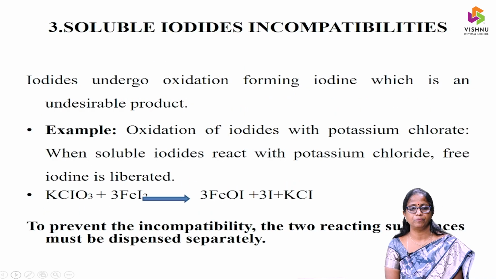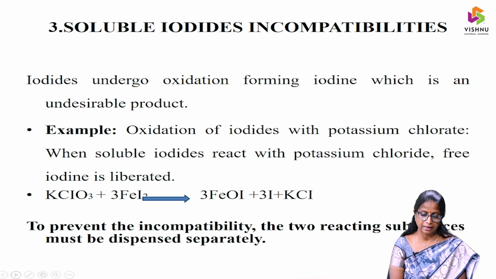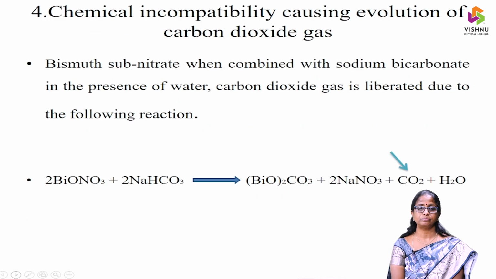Then soluble iodides: these undergo oxidation, forming iodine, which is an undesirable product. To prevent this, the reacting substances must be dispensed separately; otherwise you will observe coloration of the compound.